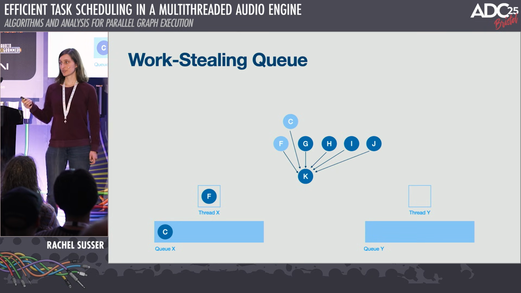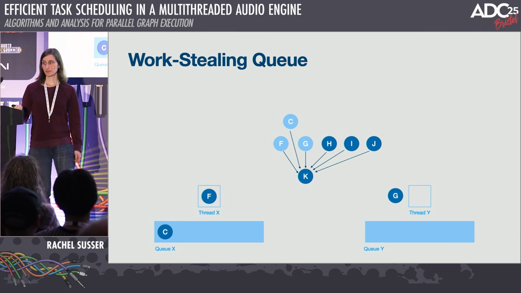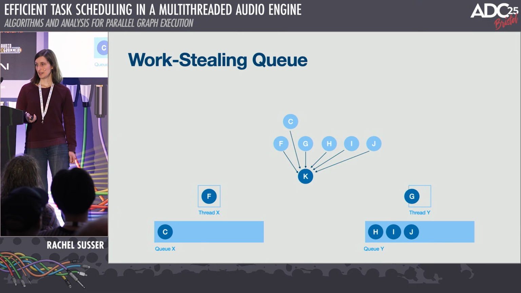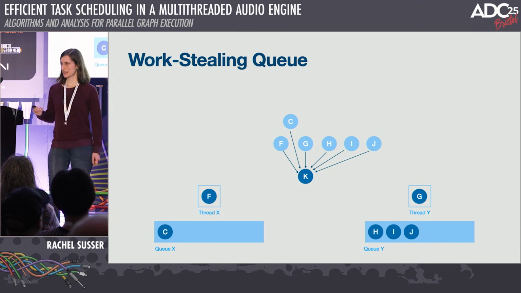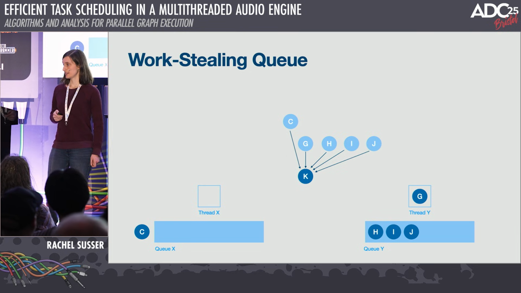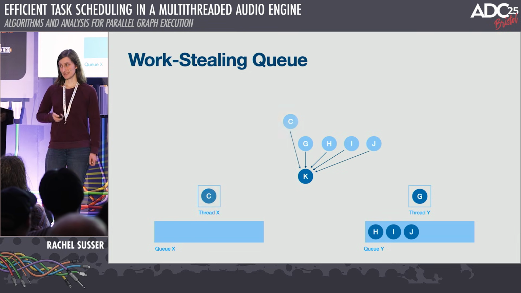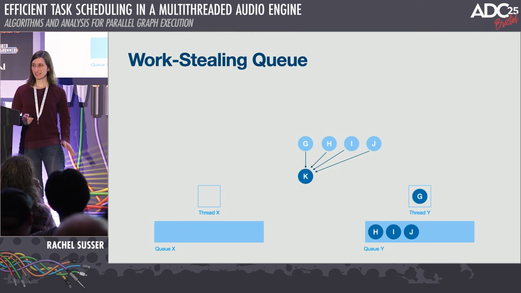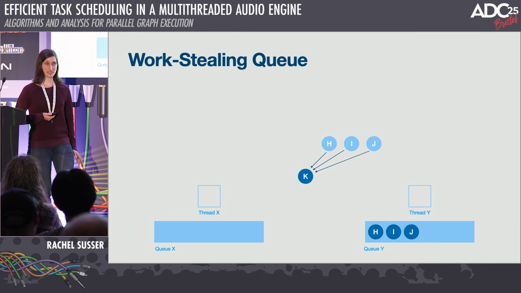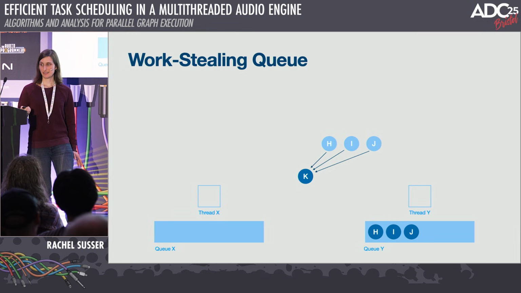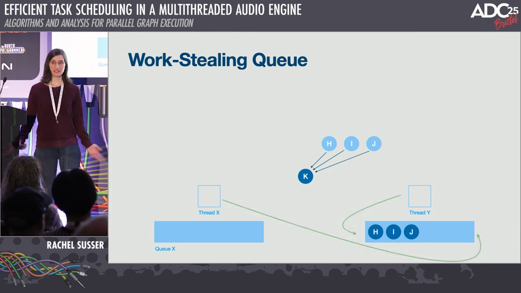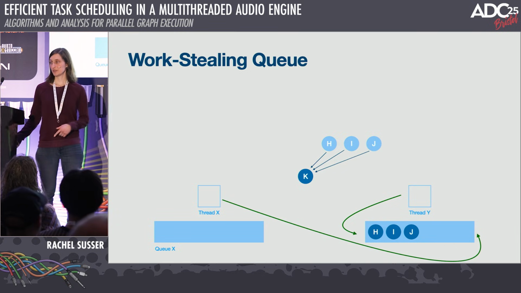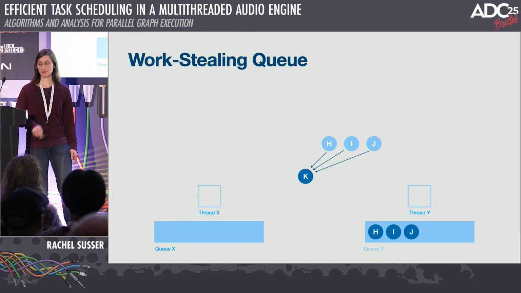So Y reserves task G and pushes the remaining 3 tasks onto its queue. If right around now, thread X finishes with task F, and then with task C, and then around the same time, thread Y finishes processing G. Well, because pop and steal are working from opposite ends of the queue, we're able to avoid contention and both threads make progress.